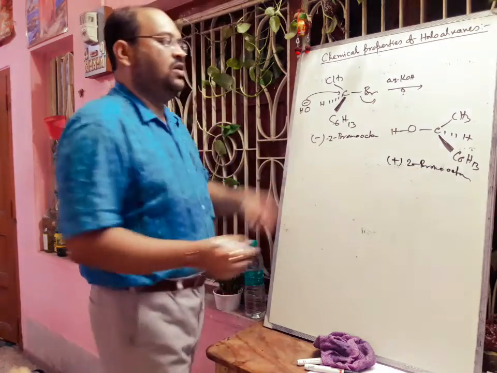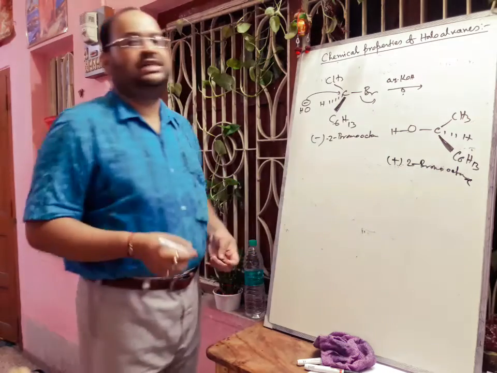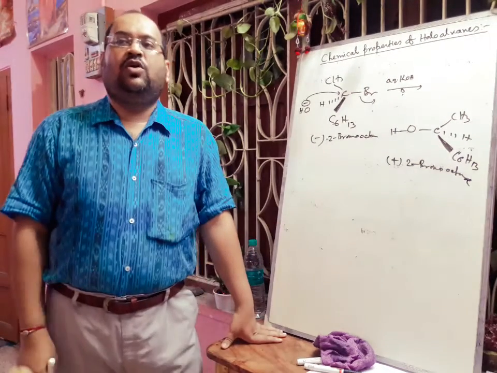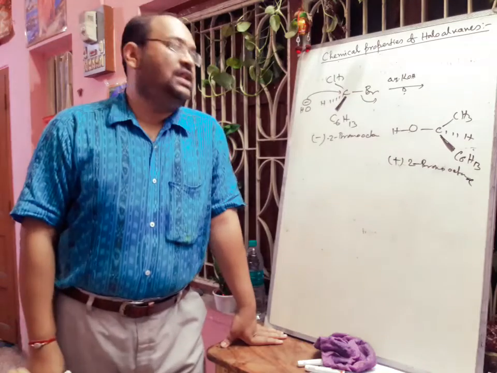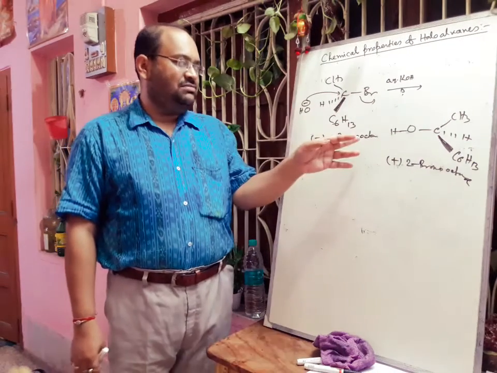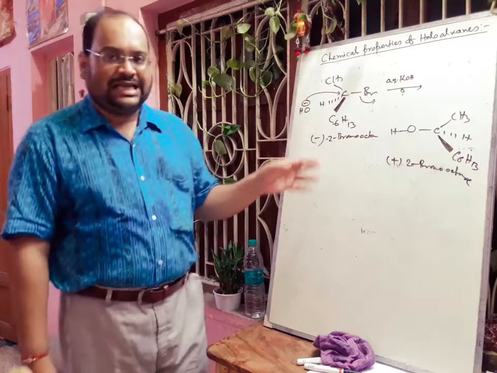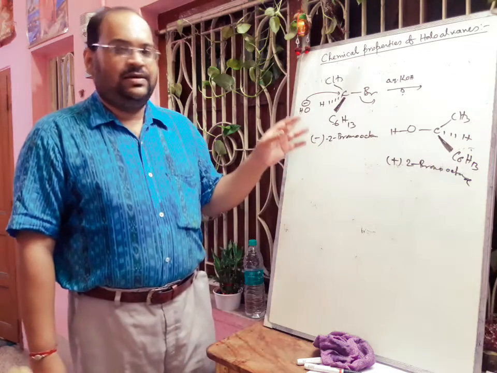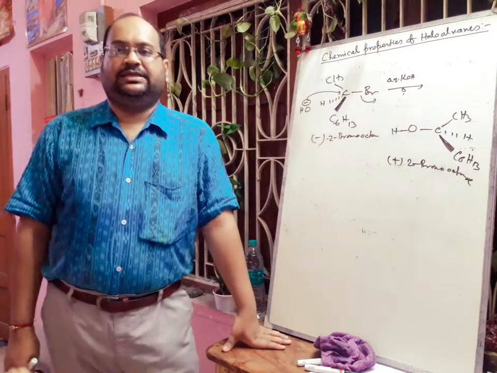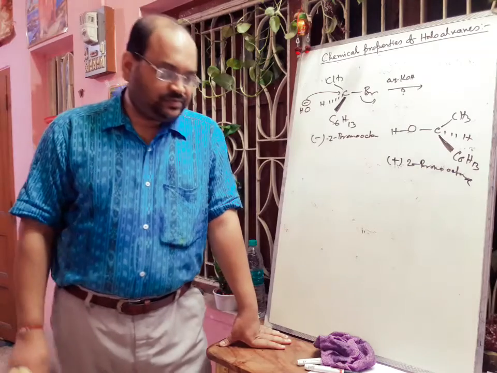So here the configuration of the molecule changes, just reverse, and this type of thing is also called Walden inversion or umbrella inversion. So this is an SN2 reaction. In this reaction, this is a case of inversion of configuration that you have to understand.